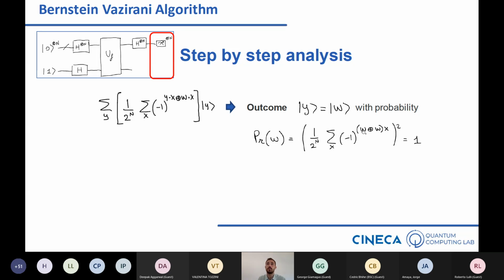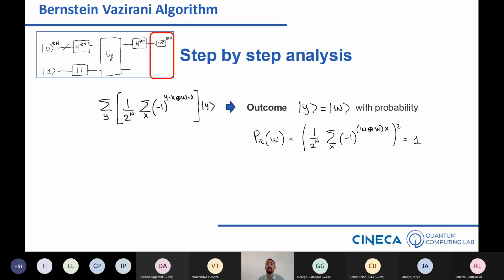You know that when you multiply omega times omega, you always get 0. So it's minus 1 to 0, which is 1. Everything squared gives you a 1. So the probability of measuring the string omega in output is exactly 1.